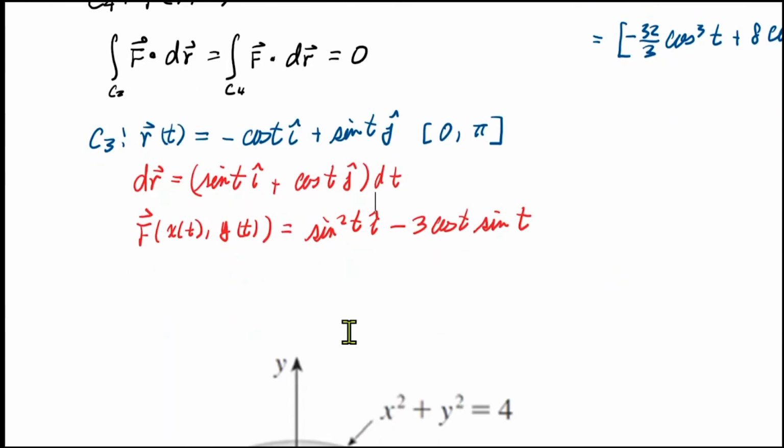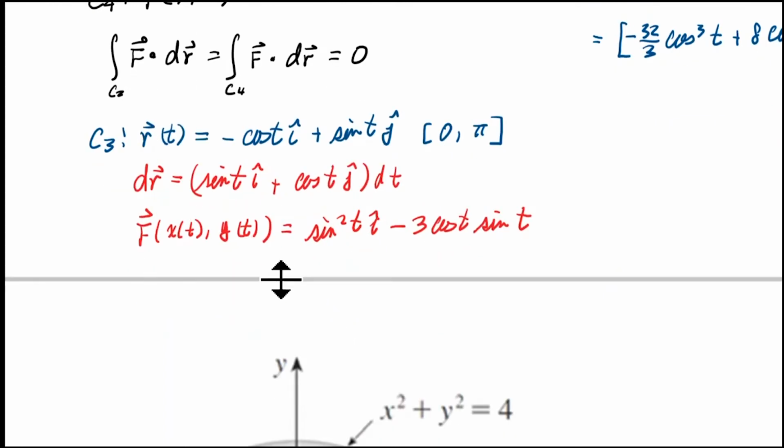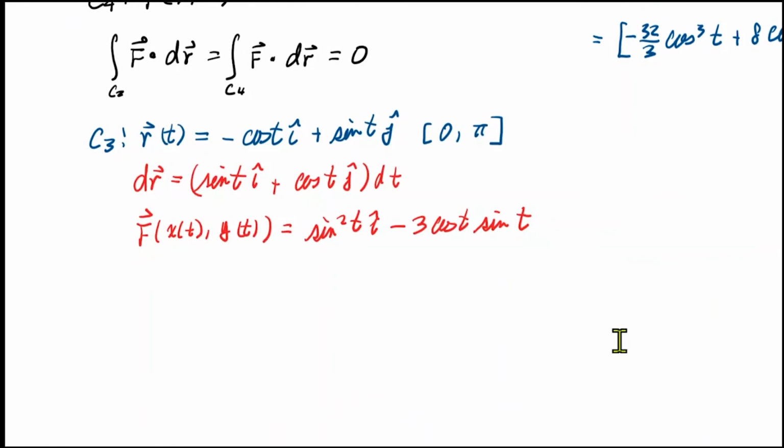Now let's dot them. I'm not going to make the same mistake twice. So we figured out f dot dr. I'm dotting these two, so I will have sine cubed t minus 3 cosine squared t sine t, and then times dt.